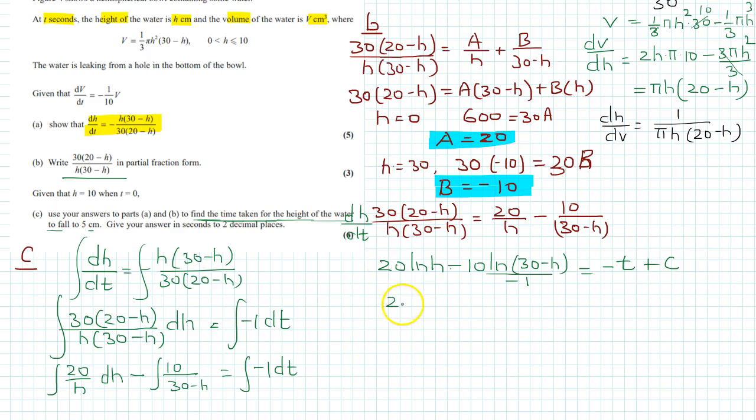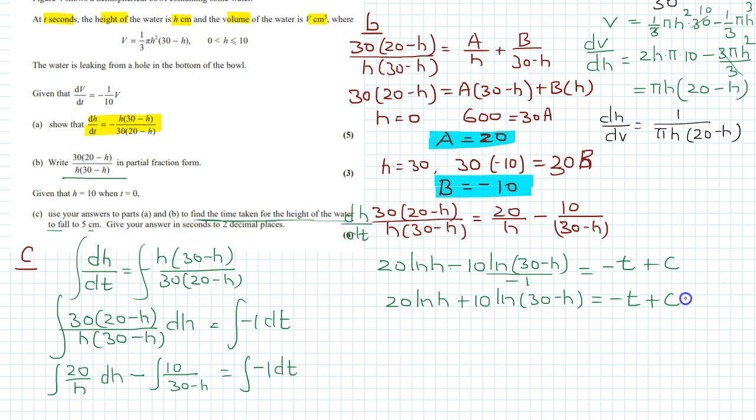So this is 20 ln h plus 10 ln(30 minus h) is equal to minus t plus c.